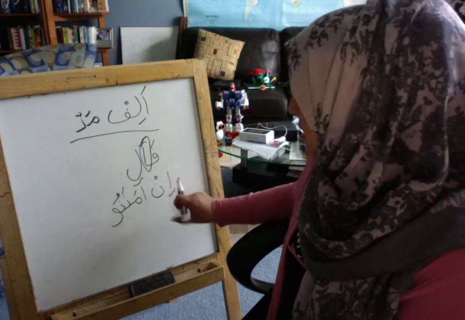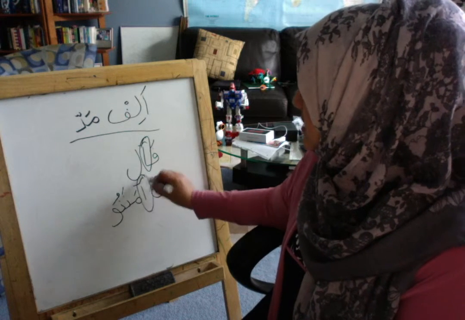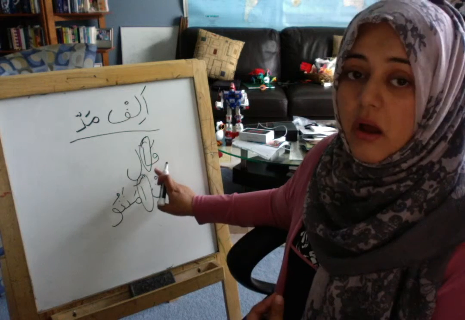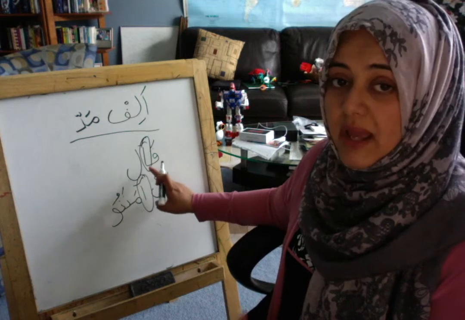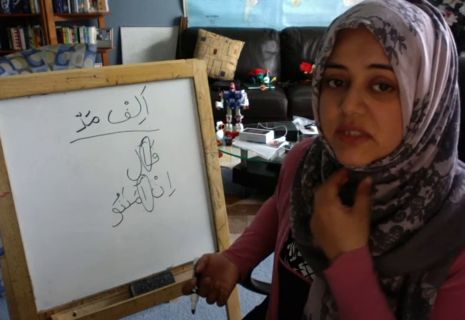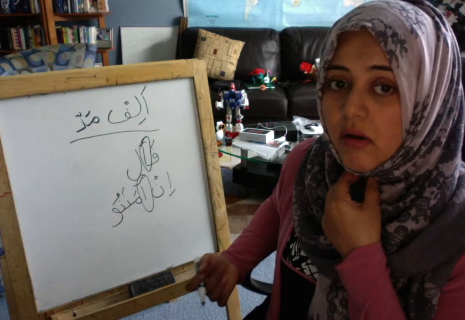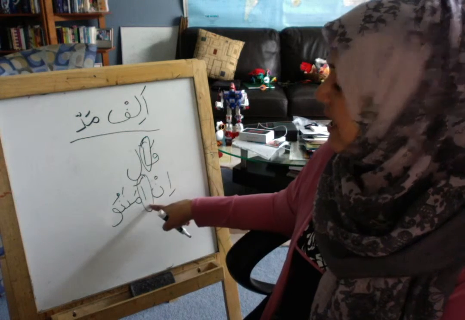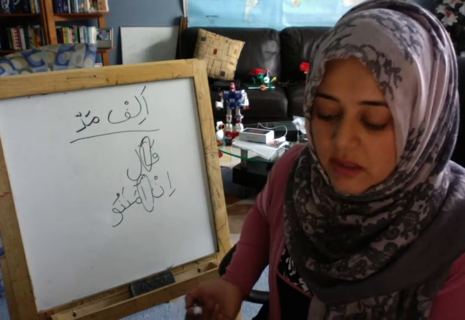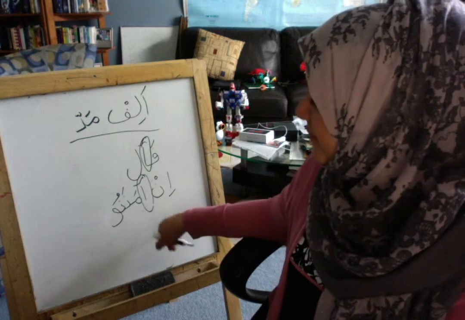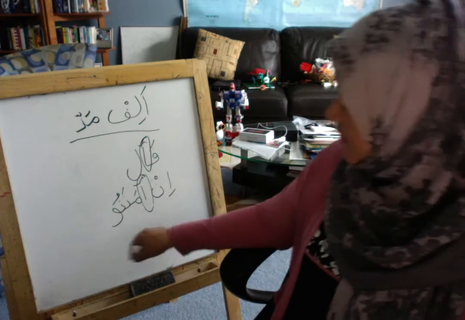This is a Tarqeeq letter. So therefore, this is going to be amanu, not the heavy version. This is qala, Tafkheem. This is amanu, Tarqeeq. So depending on what you see before the alif mad, that is what you are going to apply for this.